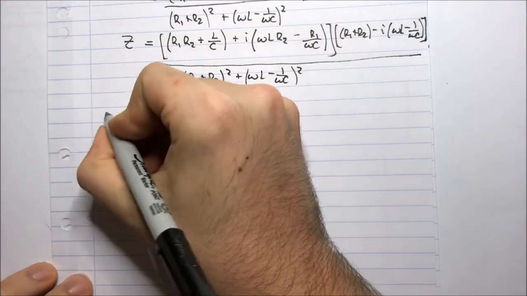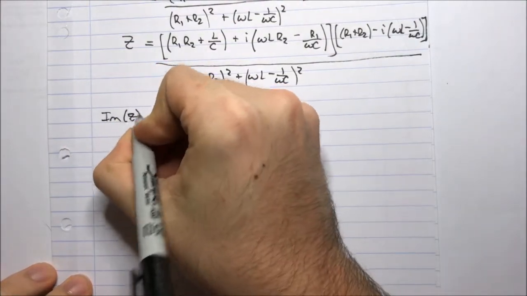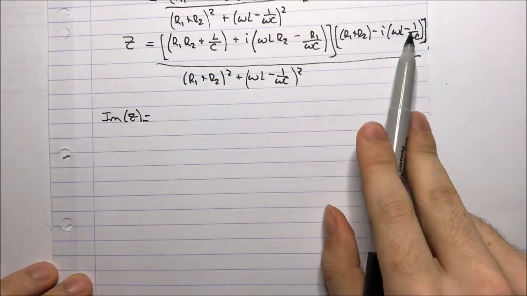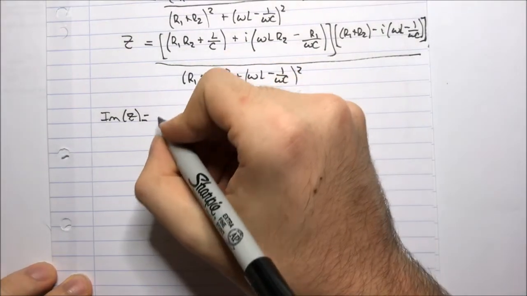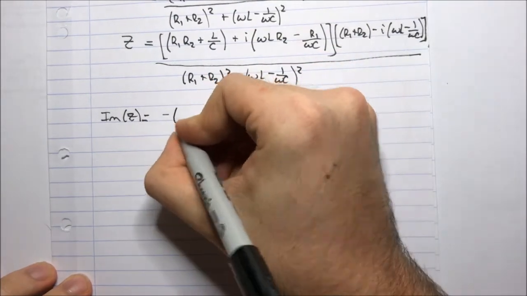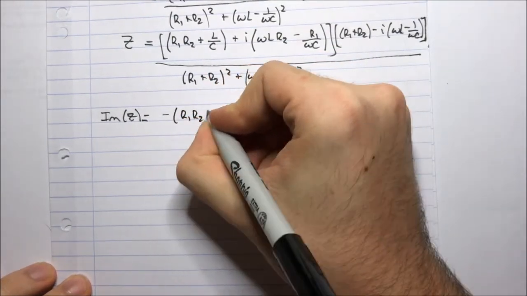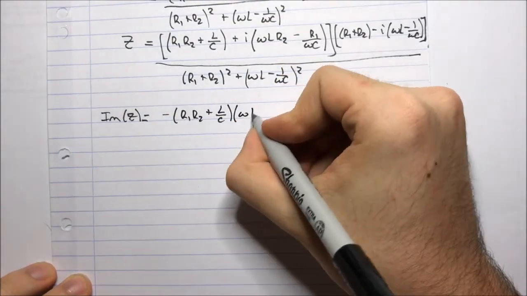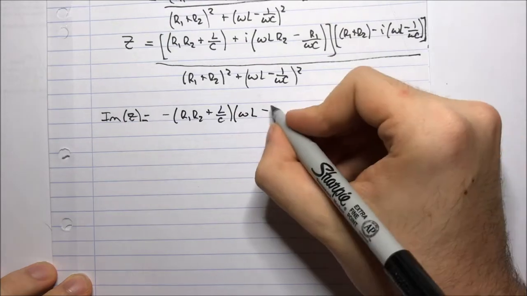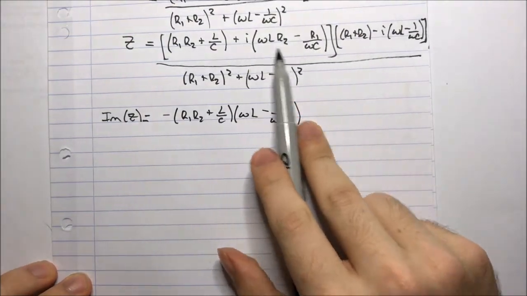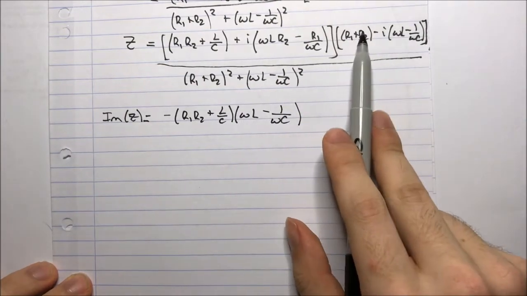So the imaginary part will come from multiplying the real part in here by the imaginary part in here, which is going to be, let's see, negative R1 R2 plus L on C times by omega L minus 1 on omega C, and by multiplying the imaginary part here by the real part in here.